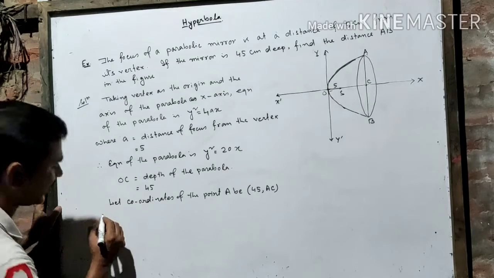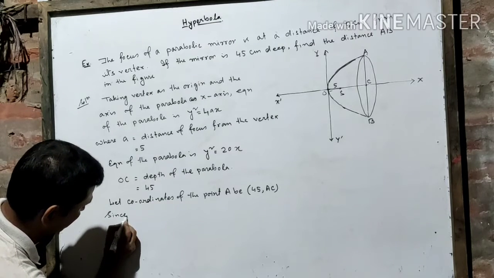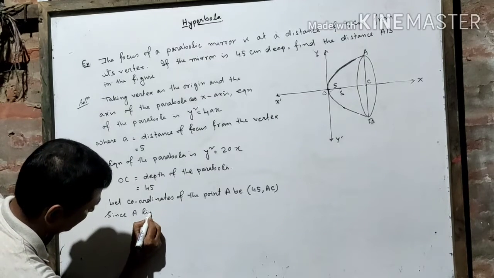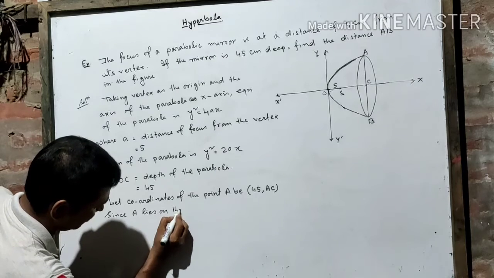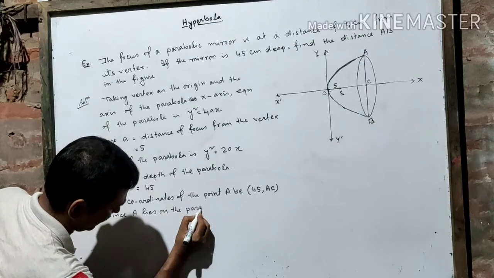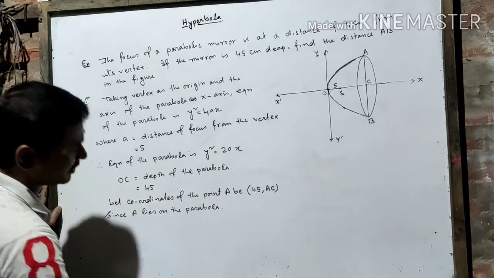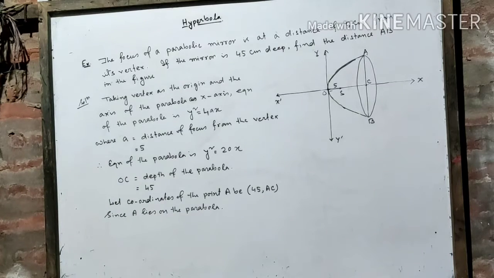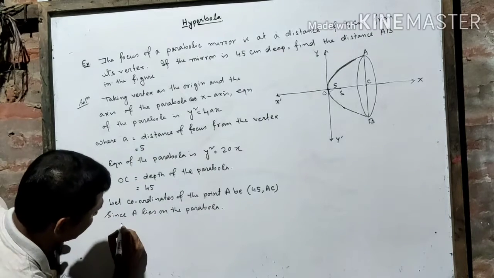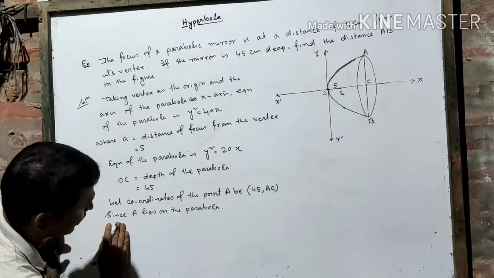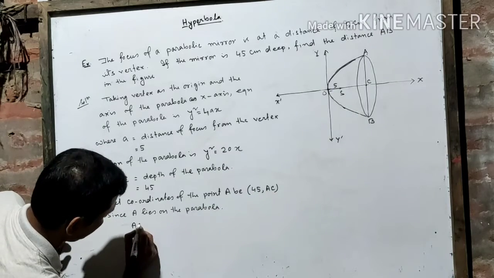Since A lies on the parabola, it will satisfy the equation of the parabola. The equation of the parabola is y square is equal to 20x, where y is AC.